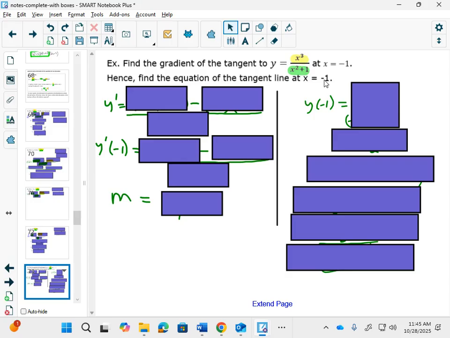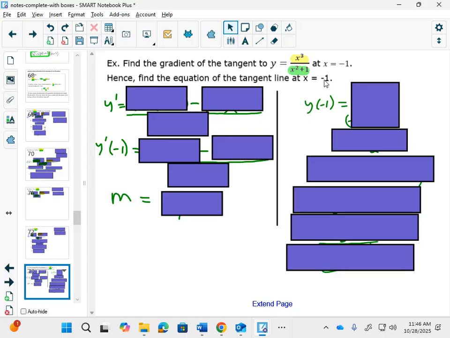The derivative finds an equation for the slope of every single tangent line on a graph at every value of x. That's what the derivative does. The derivative, all it is, is an equation for slopes. So it says, find the slope of the tangent at x equals negative 1.